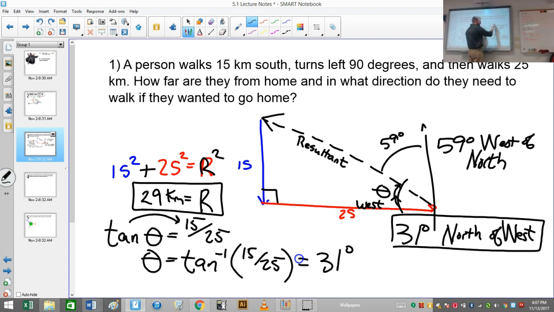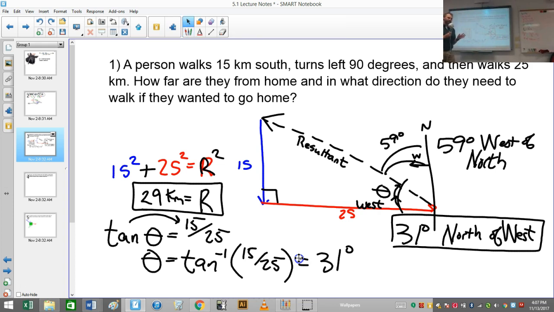So here's north, and I'm measuring west of it to get this angle. 59 degrees west of north or 31 degrees north of west. Both of them are acceptable answers. I'll do a couple more examples of this if it doesn't make sense to you right now.